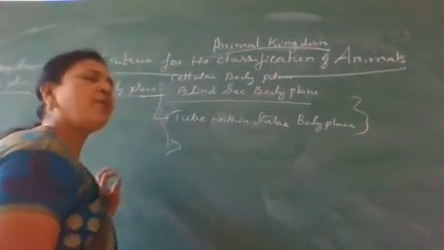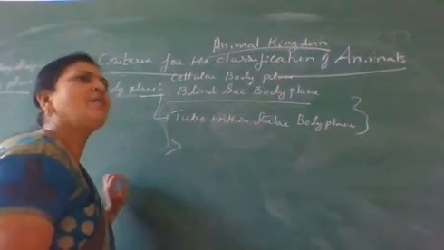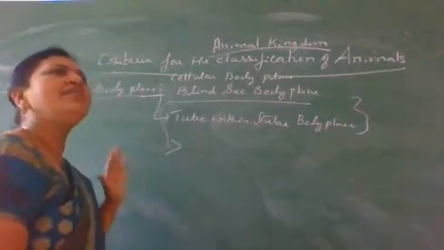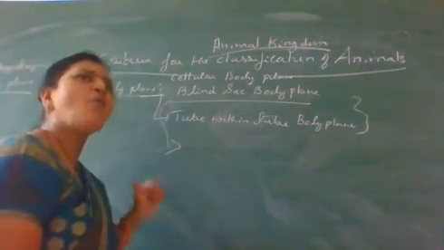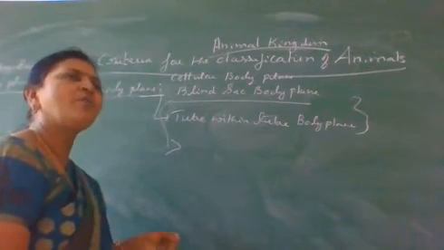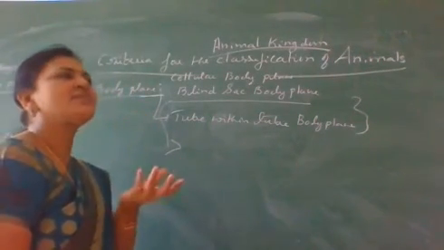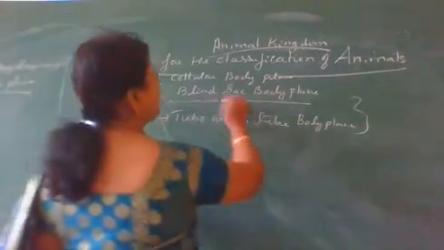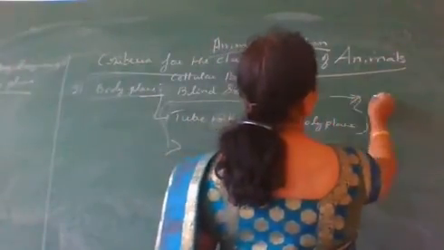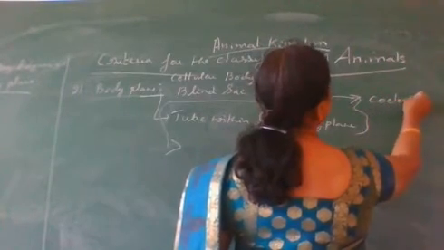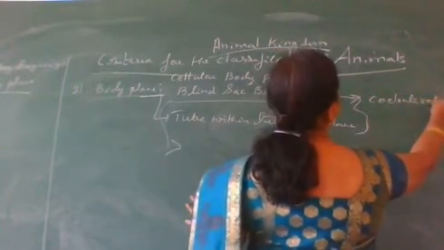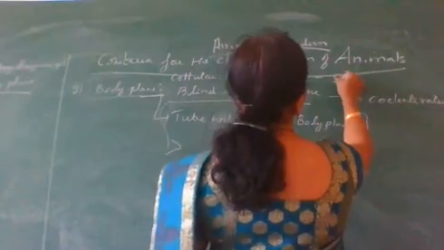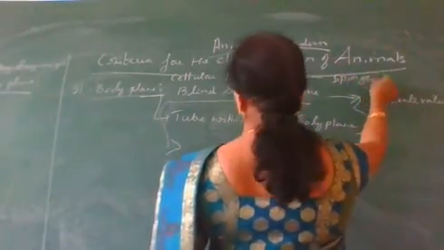Blind sac body plane is one where the body cavity has a single opening meant for both intake as well as egestion, as in the case of coelenterates and ctenophora. Cellular body plane is in the case of sponges.